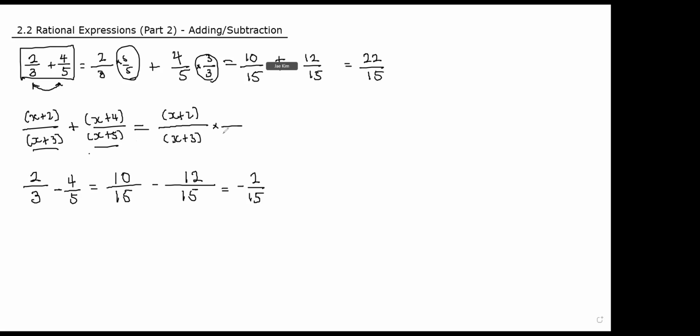So this becomes (x + 5)/(x + 5) plus the (x + 4)/(x + 5) is going to be multiplied by 1, which is written as (x + 3)/(x + 3). In case you're wondering what happened, please note x plus 3 is here, right?